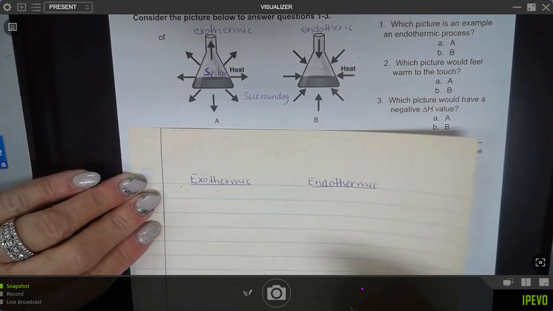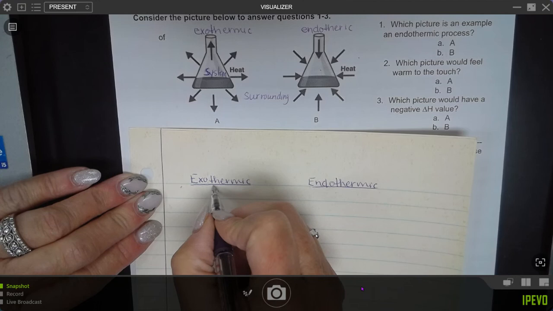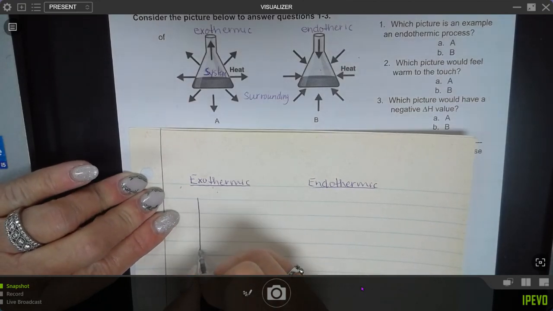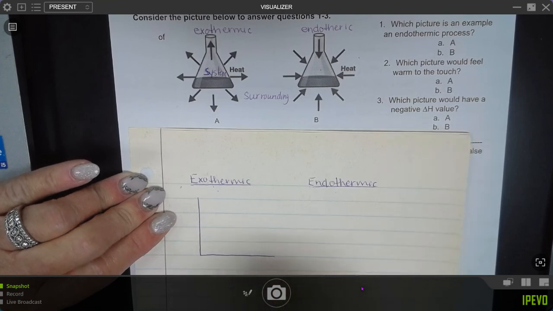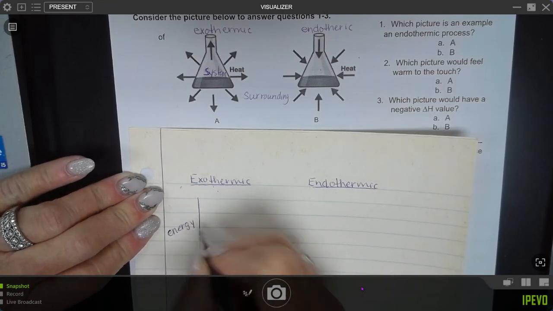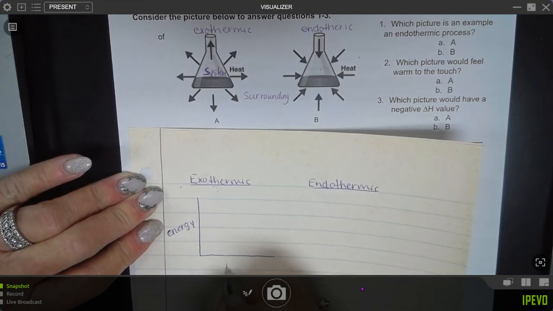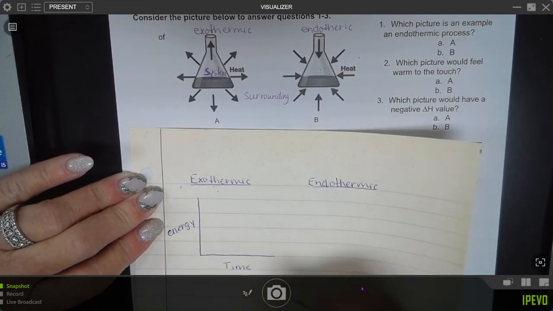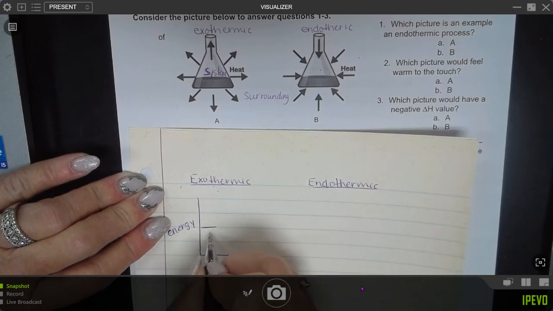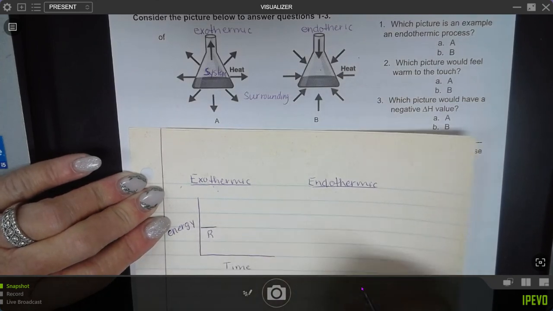Okay. So first of all, in an exothermic reaction, let's draw our exothermic enthalpy diagram. Remember we have energy here on the y-axis, and on the x-axis we have time or reaction progress. Somewhere at the beginning on the left of our graph, we have reactants.